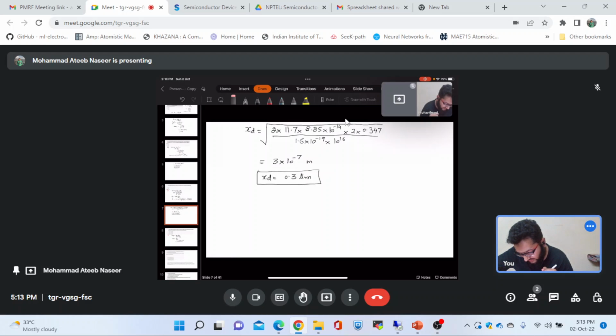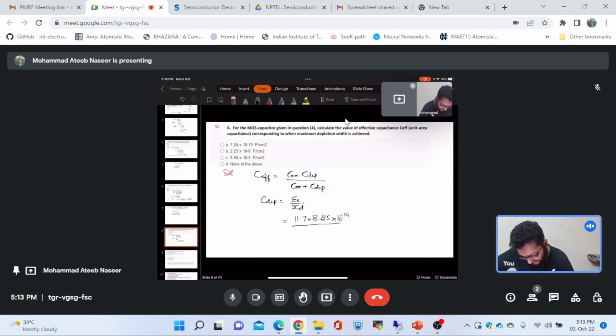If this is 0.3 micrometer, let me go again and check the results. This is 0.3 into 10 raised to the power minus 6 meter, or if I convert it into centimeter, it will be 0.3 into 10 raised to the power minus 4 centimeters, since the above quantity is in centimeter square. So it will be 10 to the power minus 4.